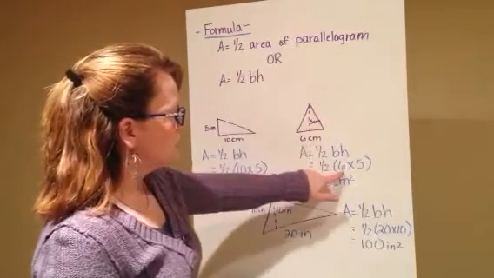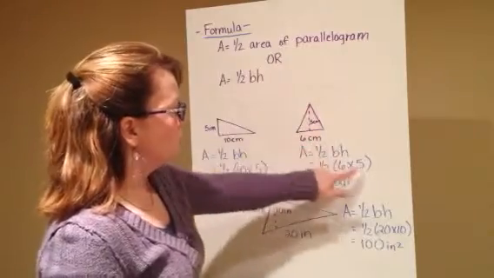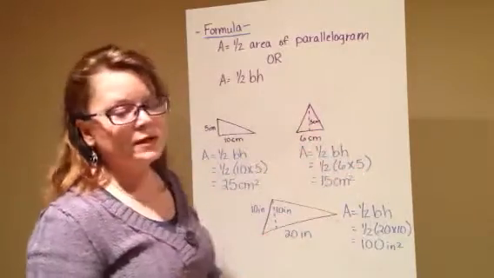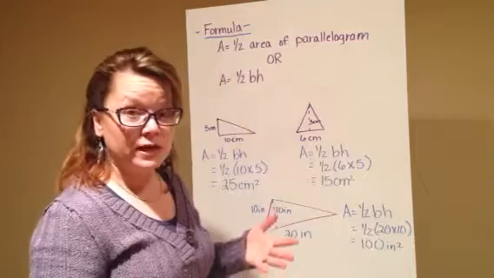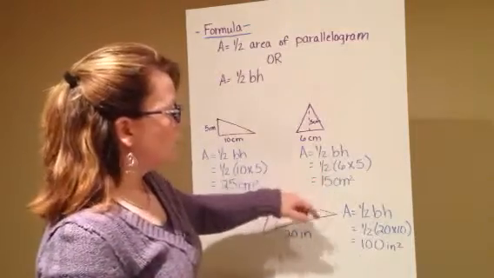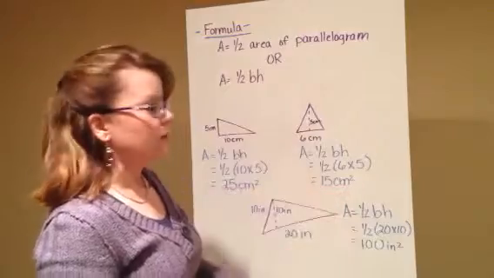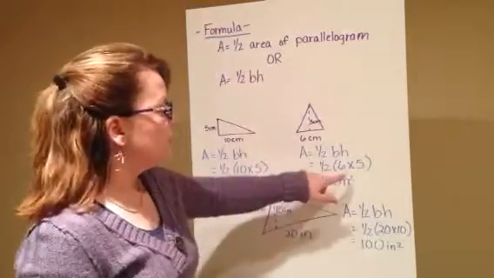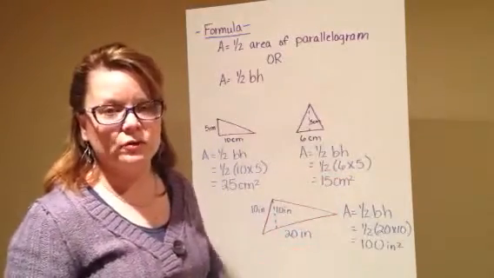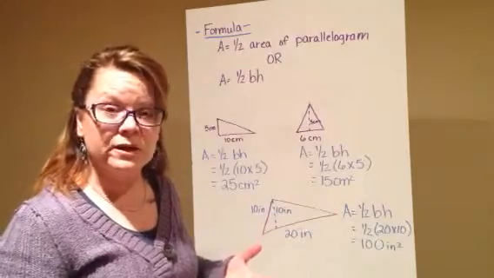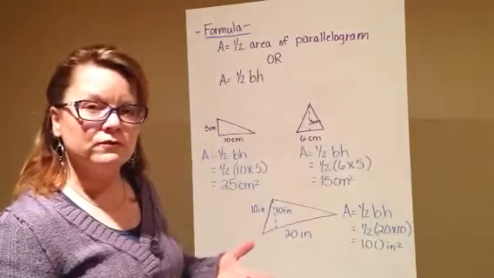And then my base is 6, my height is 5, I multiply 6 times 5, I get 30. 1/2 of 30 gives me 15 centimeters squared. Another way to do that would be 30 divided by 2.